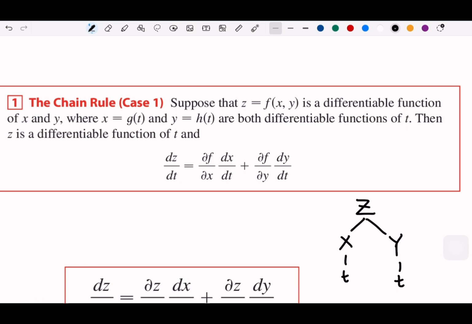So every branch here will be signified by the Leibniz notation. And if you don't have any branch, which means it's just a normal regular derivative, we can just write d. So this will be dx. And that's how we can nicely arrange the structure of the chain rule easily.